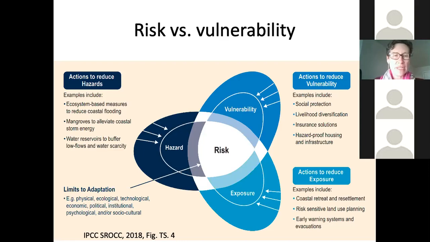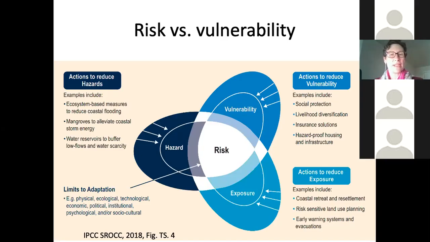So in the IPCC Special Report on the Oceans and Cryosphere, commonly known as SROCC, in the glossary, they refer to hazard briefly as a natural or human-induced event that can cause harm to the things that humans value. Now, they also define exposure as essentially the presence of people or assets in places that could be harmed.